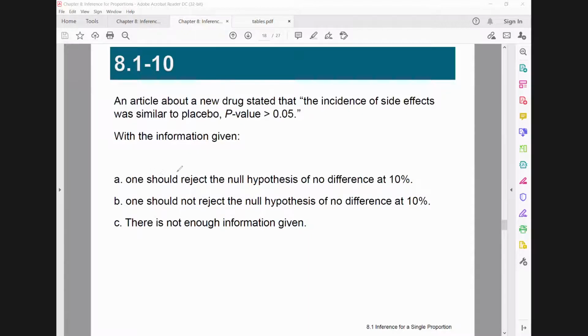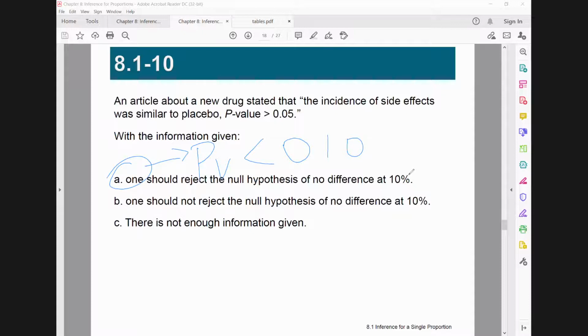At what time can we reject the null hypothesis when alpha is equal to 0.10? Here we can reject it once the p-value is less than 0.10. This sentence means the p-value is less than 0.10.